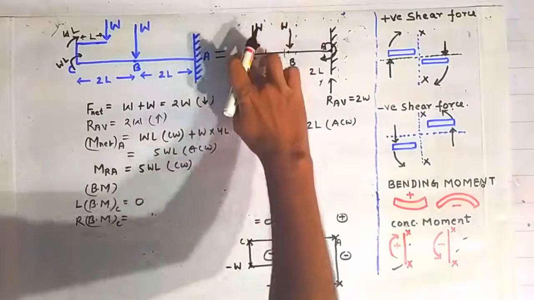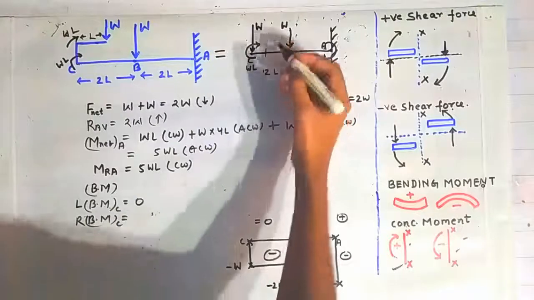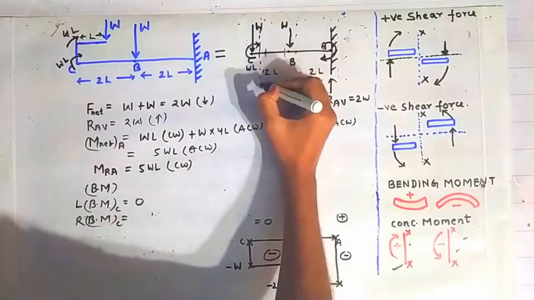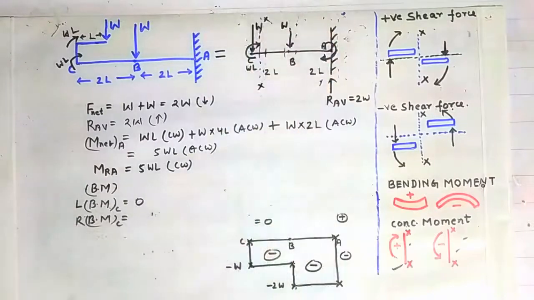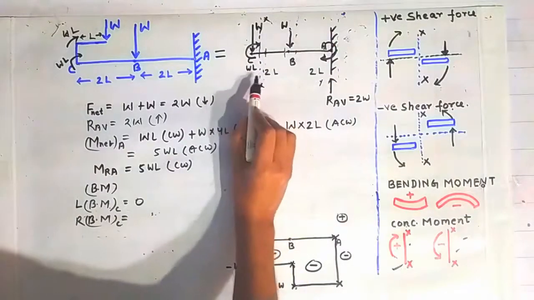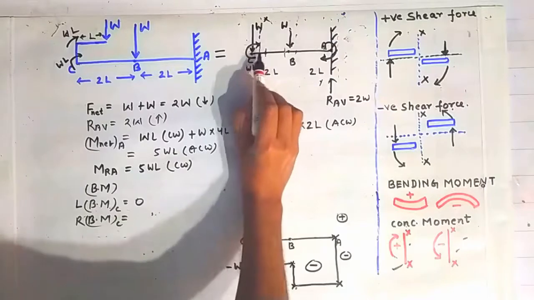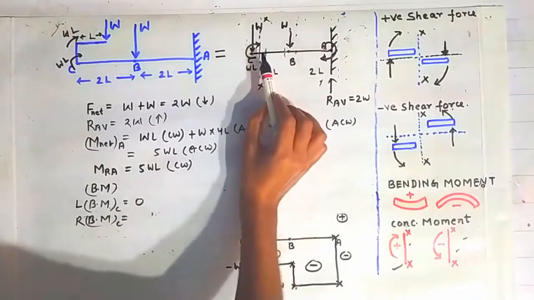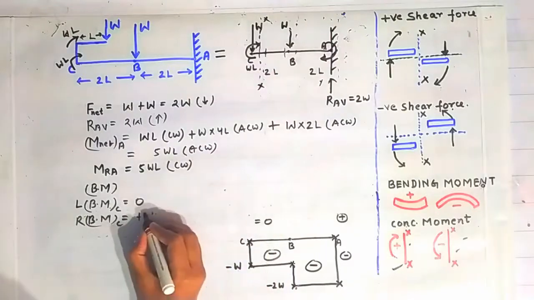Now calculation of the bending moment on the right side of the point C. So on the right side of the point C, we have to construct a section here like this. Now you can see that on the right side of this section, there is a concentrated moment lying, because of which there will be a bending moment about this section XX, and it will have a magnitude of plus WL.